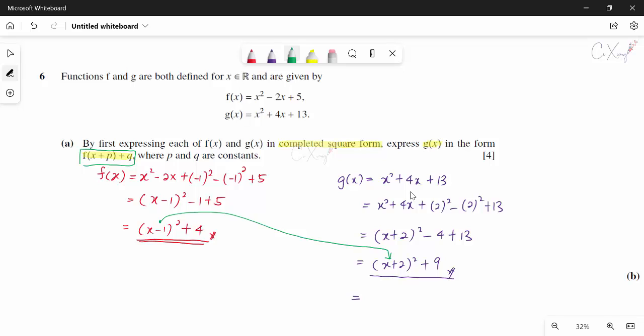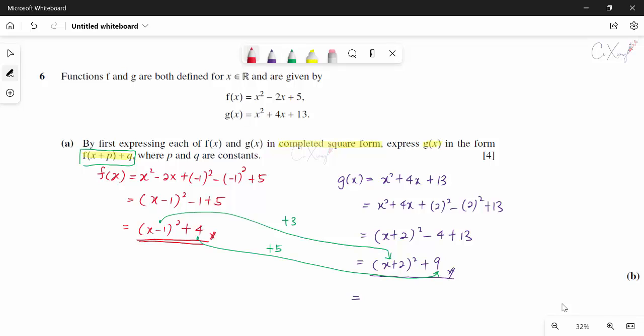So from f(x) to g(x), you need to add 3 to all the x, so that x minus 1 plus 3 gives what we have here, x plus 2 in g(x). Then we look at the value 4, and if you compare with the value in g(x), it will be 9. So from 4 to 9, we need to add 5.